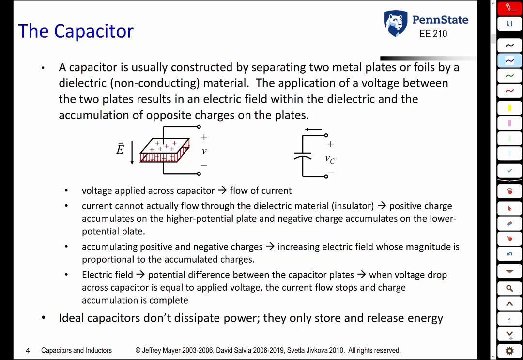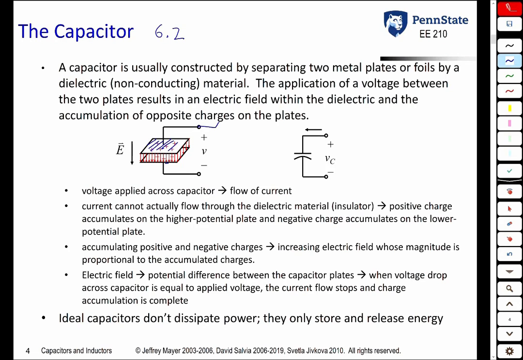So let's talk about the capacitor now as an electric device. A capacitor consists of two metal plates separated by some non-conducting or dielectric material. So you might have a metal plate up here, another metal plate on the bottom, and then in between it you might have air or some other non-conducting material.